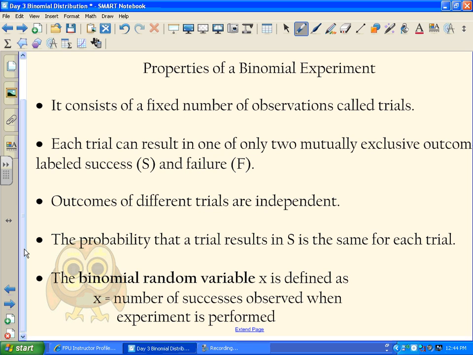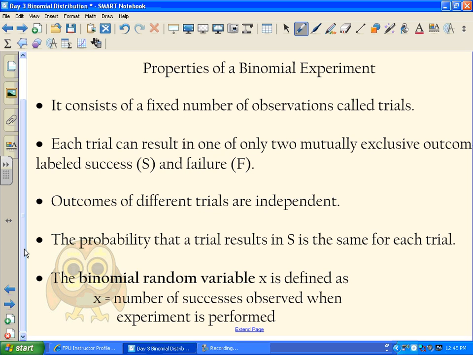Outcomes of the trials are independent. You should see that word, independent. If we're doing an "and" situation here, we're going to be multiplying some probabilities together. You multiplied some probabilities together already on that quiz today. The probability that each trial results in success is the same every time. That ties with the idea of independence. Think of those three customers standing in line.